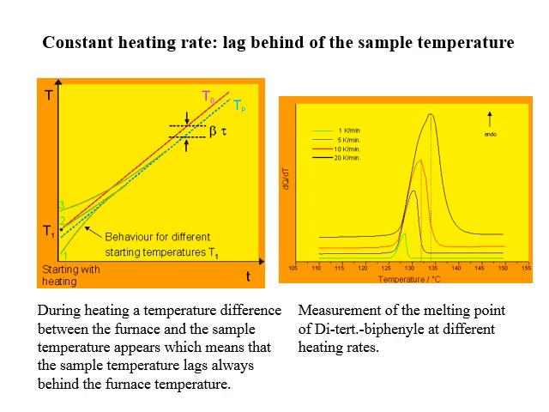The speed at which you actually increase the temperature will affect the results. There is a lag between the sample temperature and the furnace temperature. So during the heating, there will be a temperature difference between the furnace and the sample. The faster that you heat a sample, the larger that lag will be.